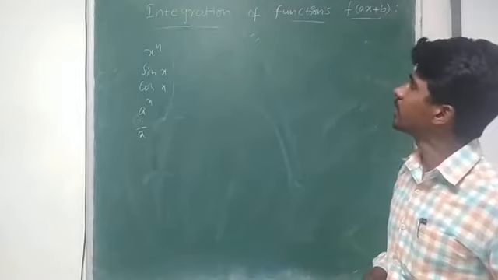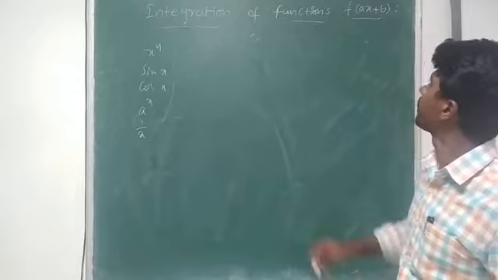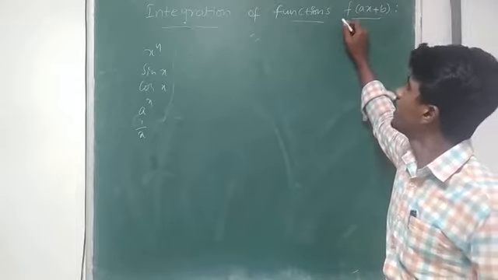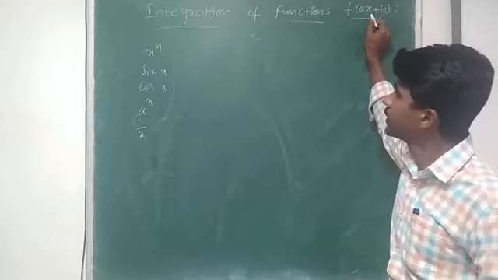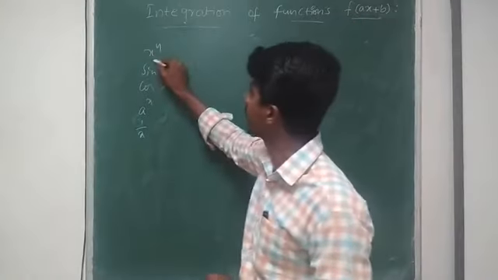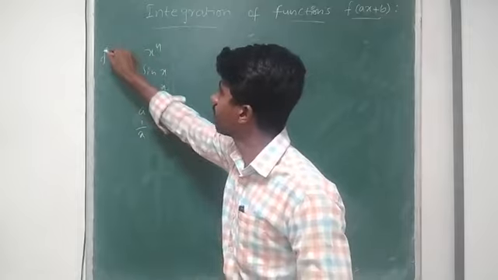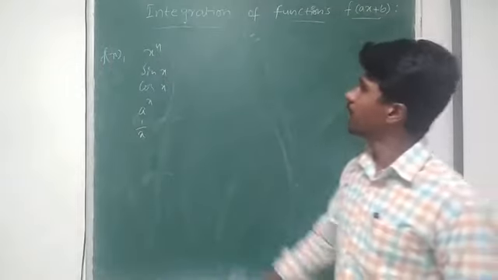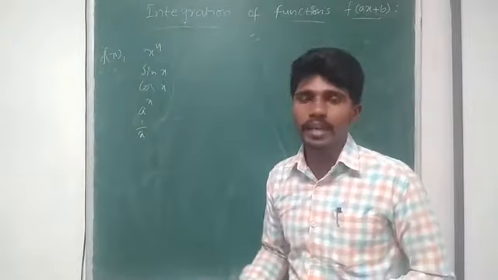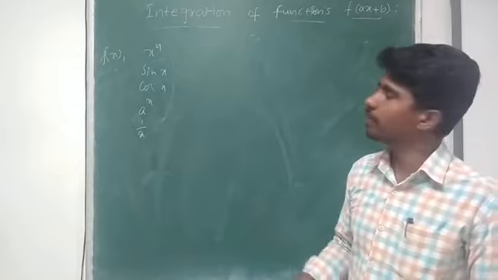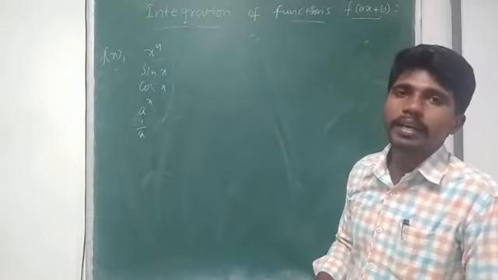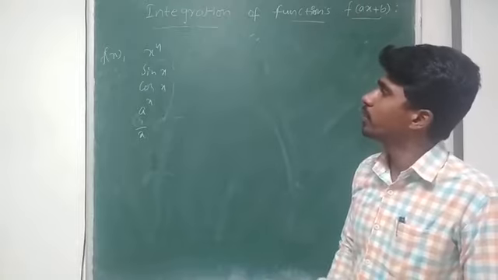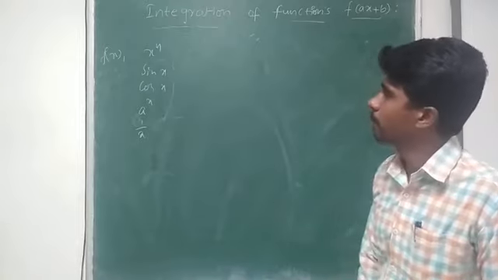In this particular lecture we learn how to find the integration of functions which are in the form f of ax plus b. Suppose I consider a function like f of x. If the particular x is replaced by ax plus b, then how do we integrate those types of functions?